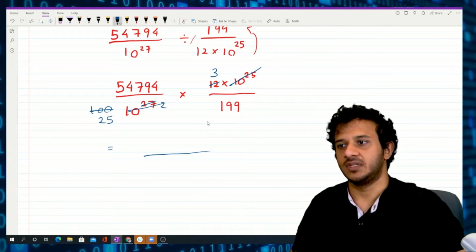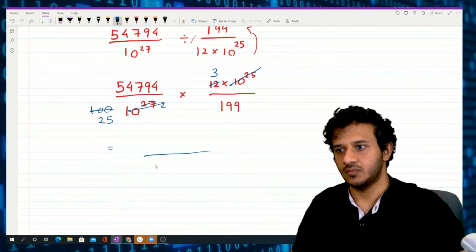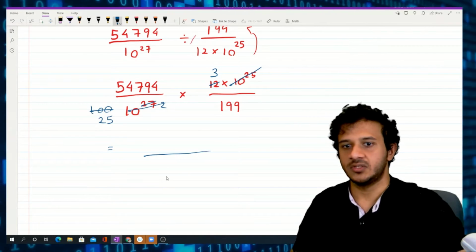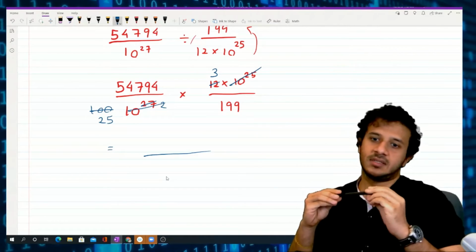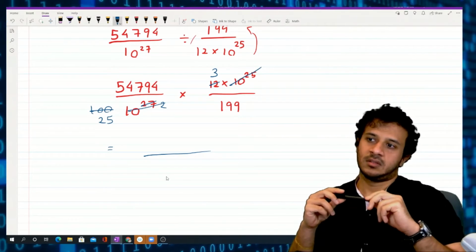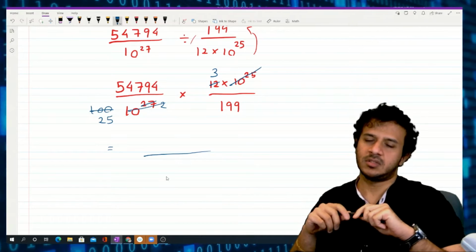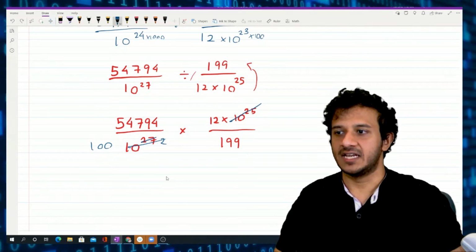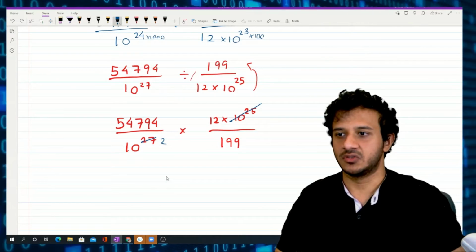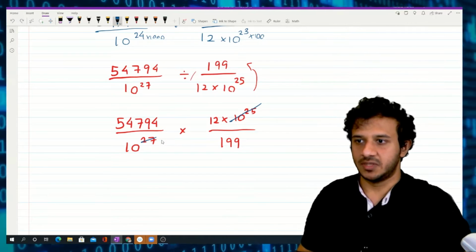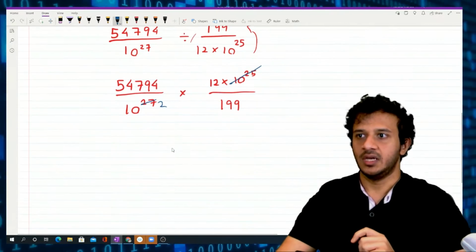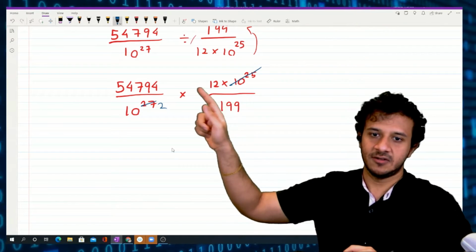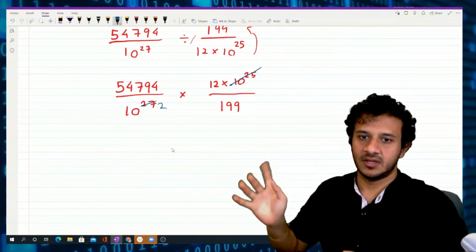Actually, let me write it as a decimal, or a scientific notation, because a scientific notation question should be answered as a scientific notation, right? So this will become 10 to the power of 22. Okay, and now I'm going to multiply this 12 and 54,794 together.